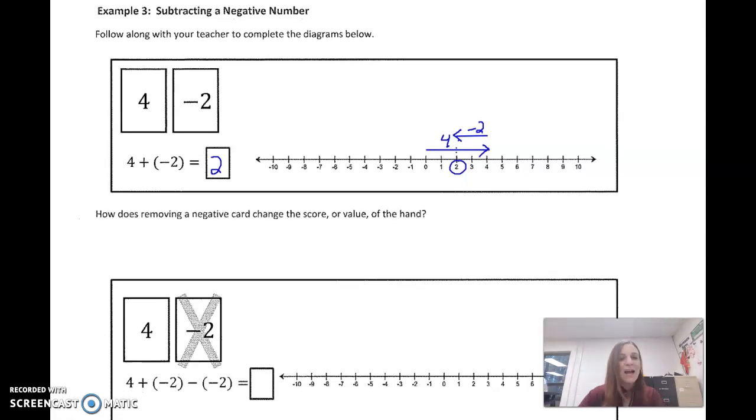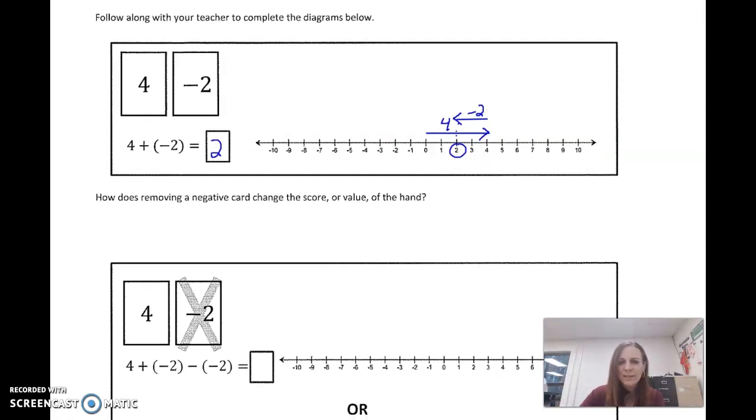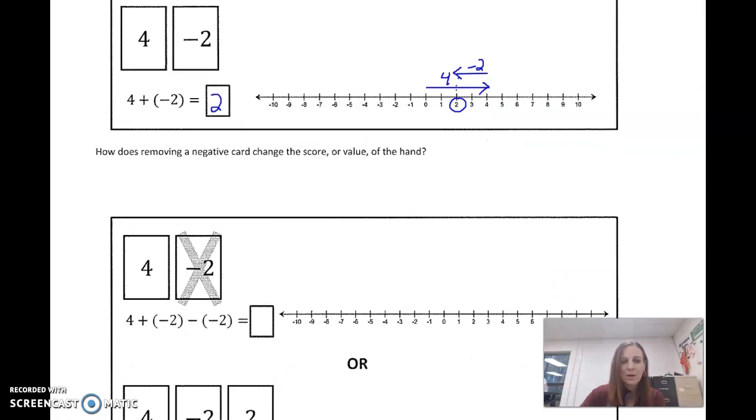It says, how does removing a negative card change the score or value of the hand? Well, let's see what happens. What if I think of it as getting rid of this negative 2? So let's do this problem here. I'm going to go from 0 to 4. Now I'm going to add a negative 2, so I'm going 2 units to the left.